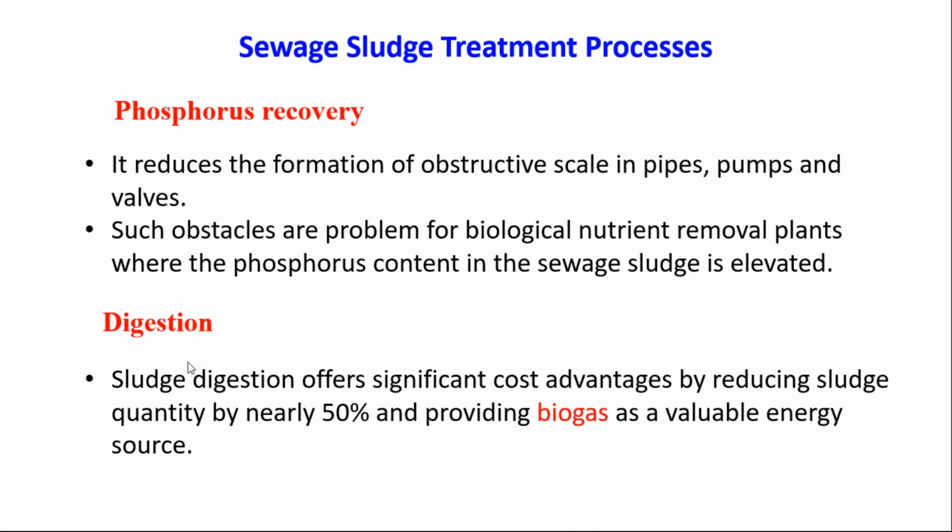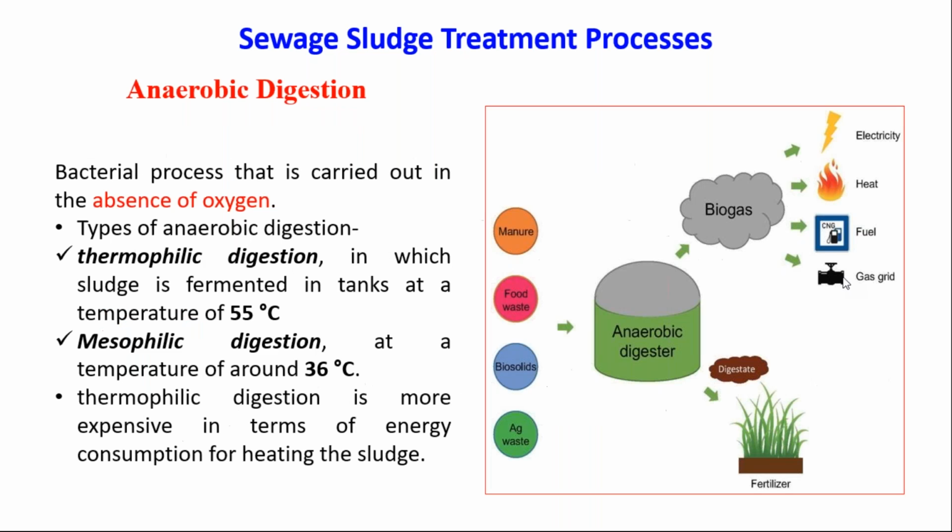In this UASB reactor or in digestion, the main output is biogas, which contains near about 65% methane, which can be used as a fuel. That is one of the plus points of the digestion technique. There are two types of digestion, one is anaerobic and the second is aerobic.